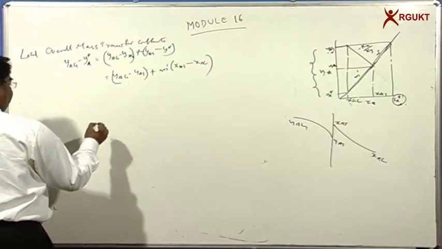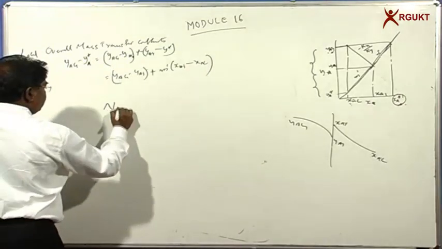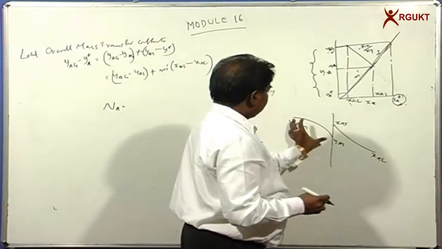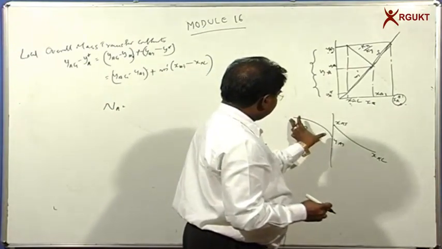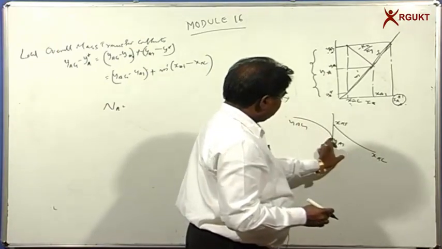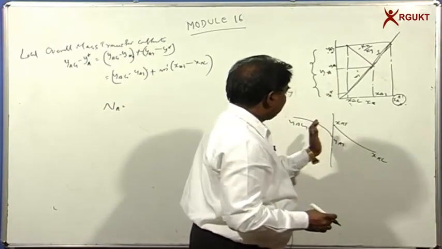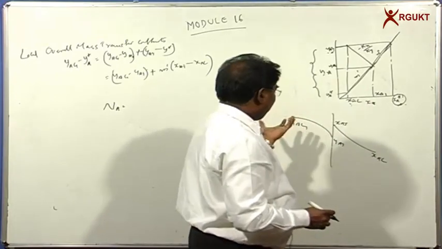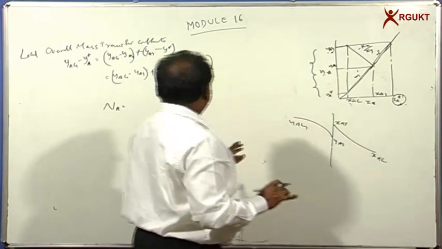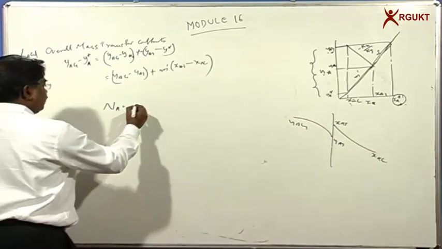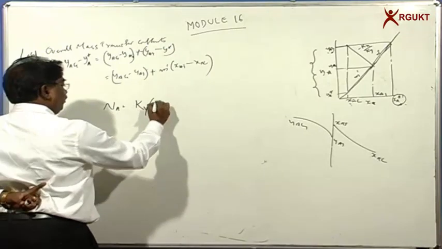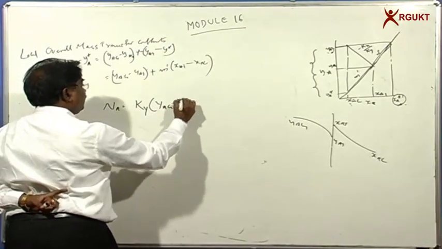As I told you, for the solute transfer, the amount of solute transferring from the gas phase to the interface is the same amount of solute transferring from the interface to the liquid phase. This solute transfer is a constant value, and that is nothing but your NA, which can also be written as the overall driving force with Ky multiplied by YAG minus YA star.